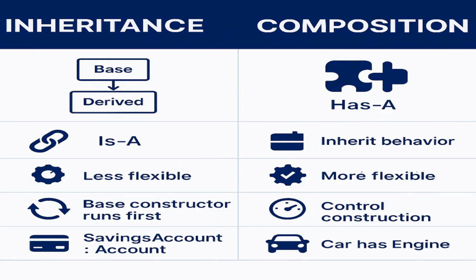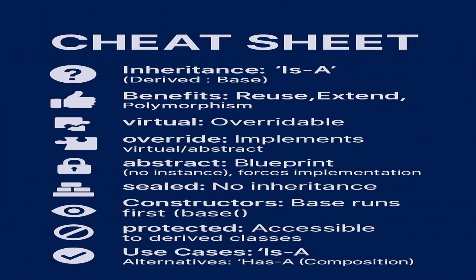Now quickly, I think we talked about all the things related to inheritance, so before we wrap it up, what is inheritance? It is an is-a relationship. Why do we use inheritance? The benefit is reusability, right?